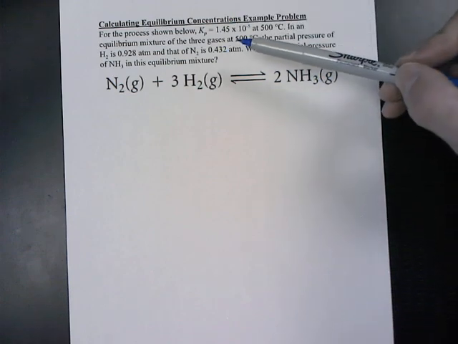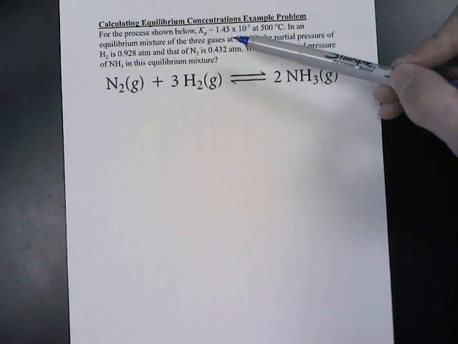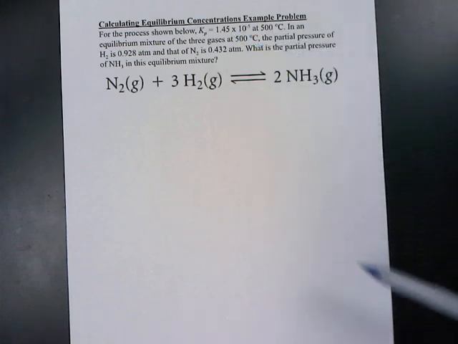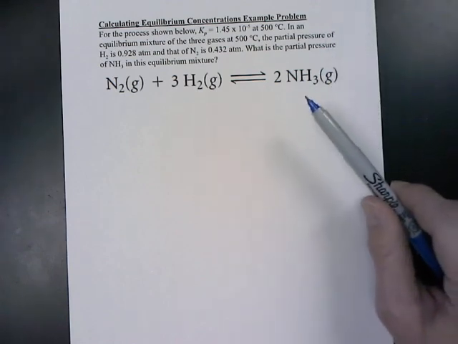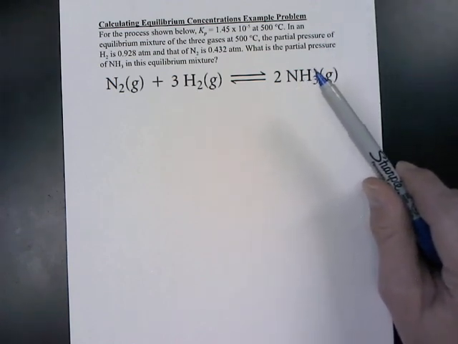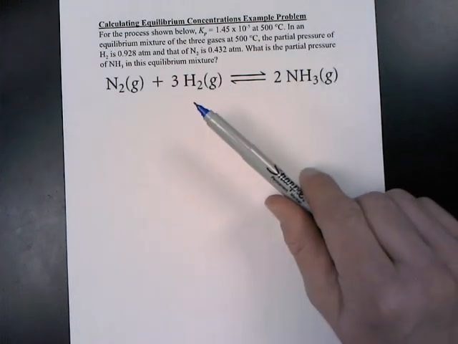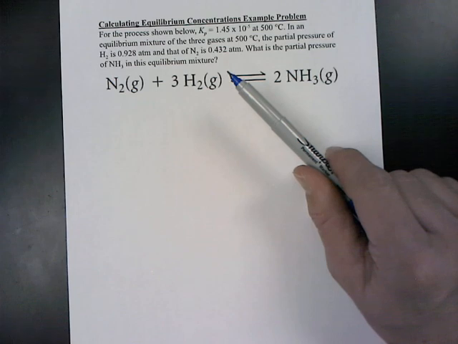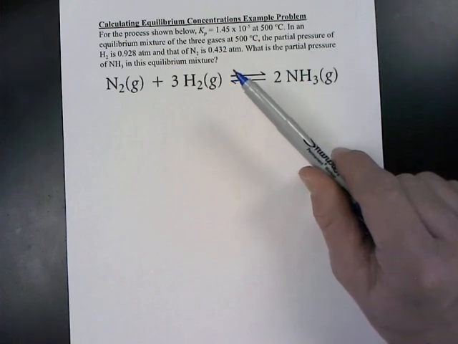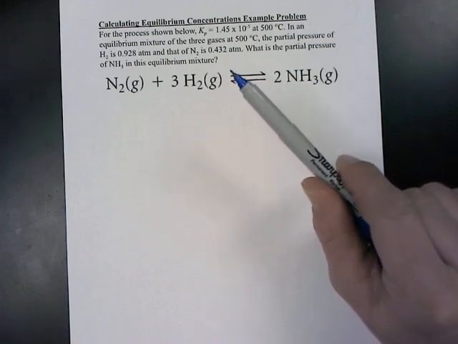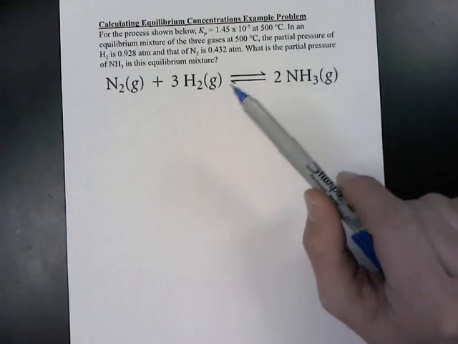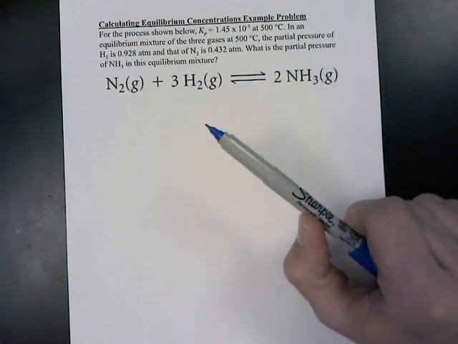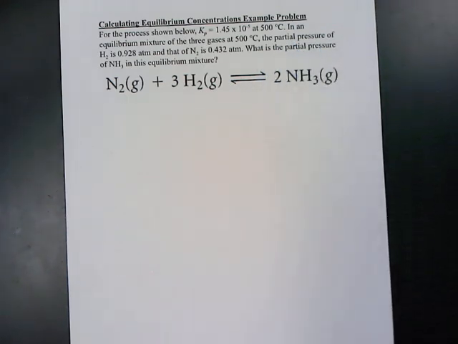Our Kp is listed at 1.45 times 10 to the negative fifth, and the partial pressures of H2 is 0.928 and of N2 is 0.432. We want to know what is the partial pressure of NH3 in this equilibrium mixture.